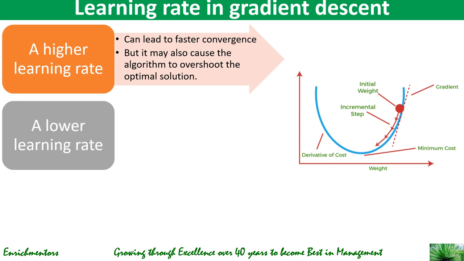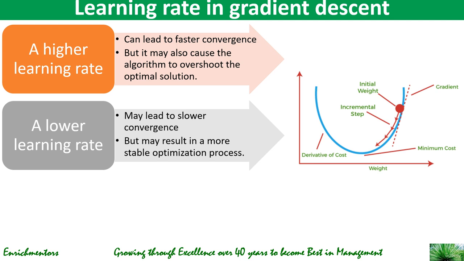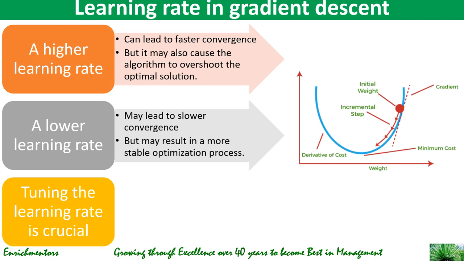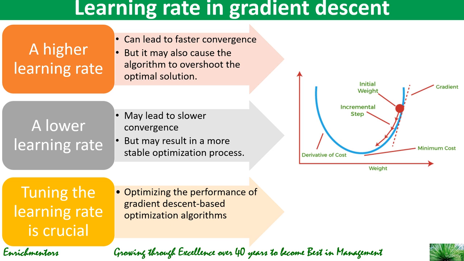A lower learning rate may lead to slower convergence, but may result in a more stable optimization process. Now, tuning this learning rate is critical for optimizing the performance of the gradient descent based optimization algorithm. It is a critical parameter that helps you reach the optimization, and as we'll see later on, it avoids any kind of overshooting or undershooting.